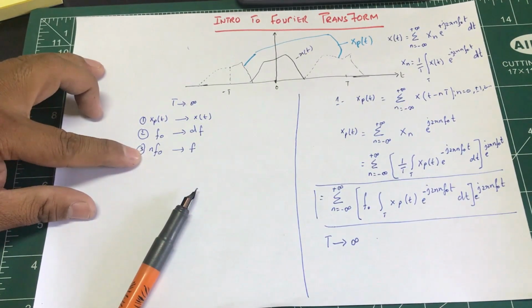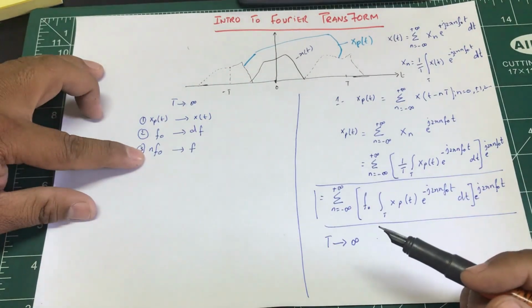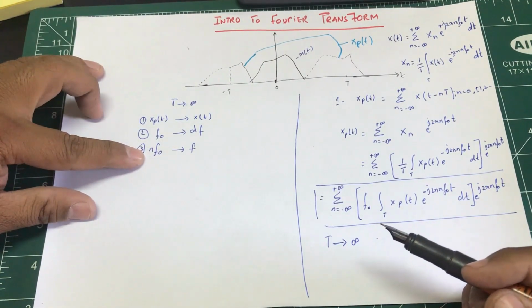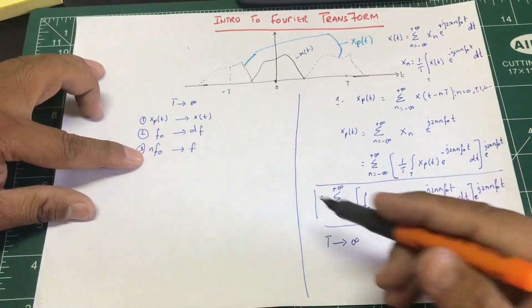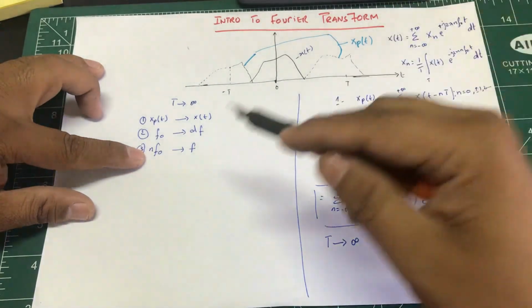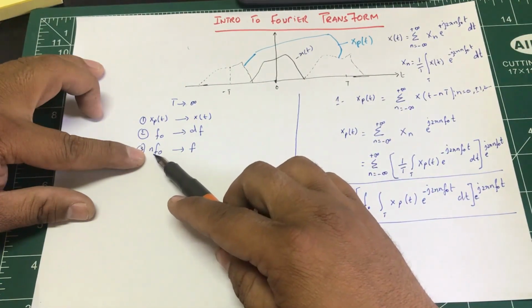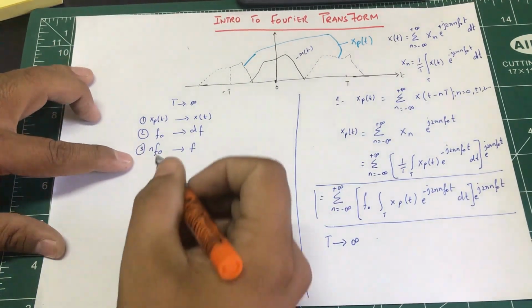What does it mean as T is getting bigger? It's saying you can take as many steps as you want. These n f0, as T is getting bigger, get smaller and smaller, and you can take as many steps as you want. This is what will happen.